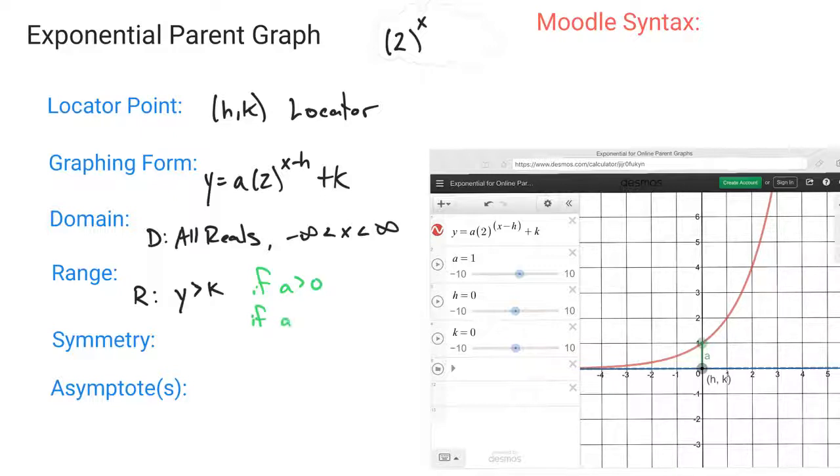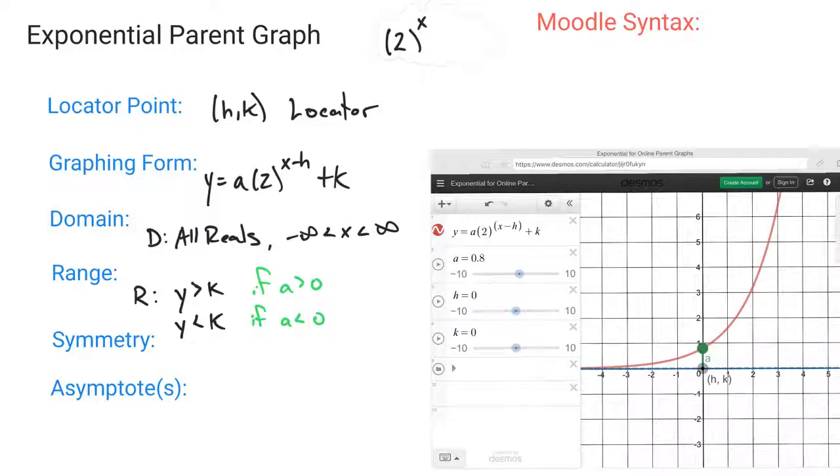If a is less than 0, then your range is going to be y is less than k. So if this whole graph was instead turned around, you would see that our y values are all negative then. Symmetry, there is no line of symmetry, and there is a horizontal asymptote, of course. That is going to be at y equals k.